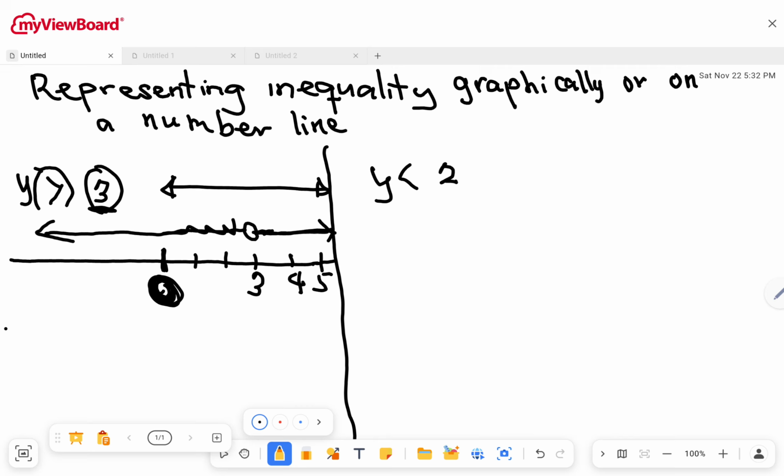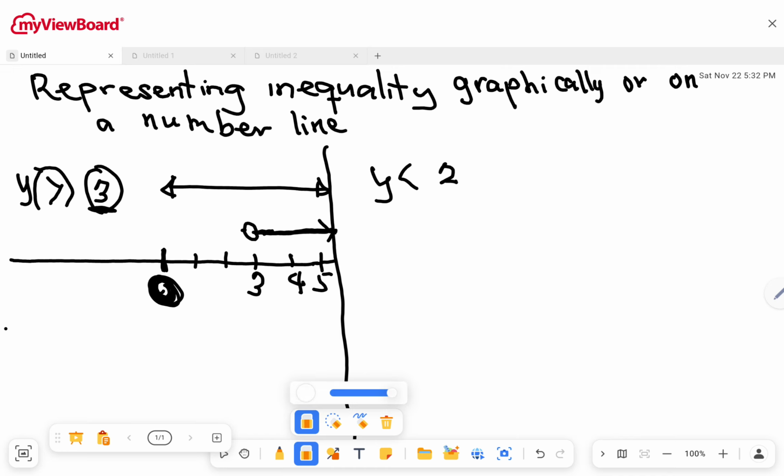And any number that comes after your answer, which is 3, are greater than the 3. So do not forget this. This is how to represent y is greater than 3.